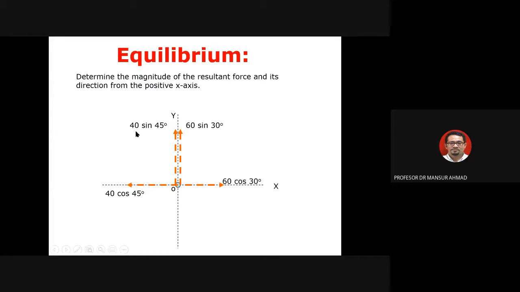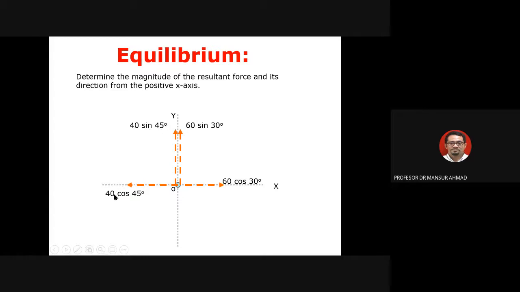Okay, if you take a look at this first, 40 kilonewton. When I resolve this at an angle 45 degree, the correct one is 40 sine 45, or it can be 40 cosine 45. Same thing.